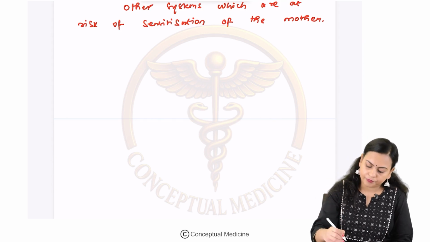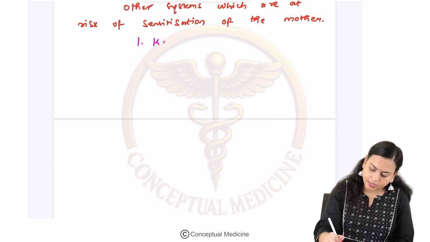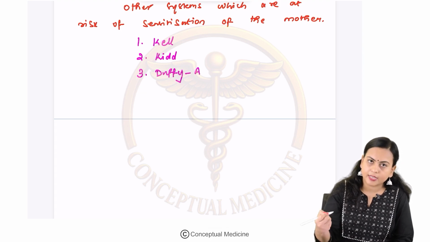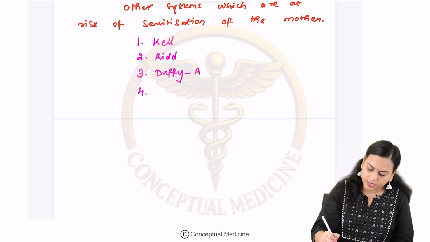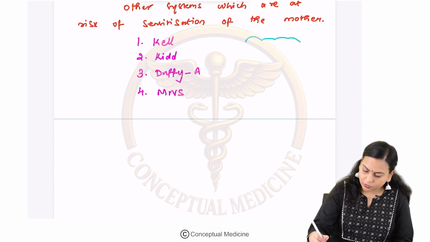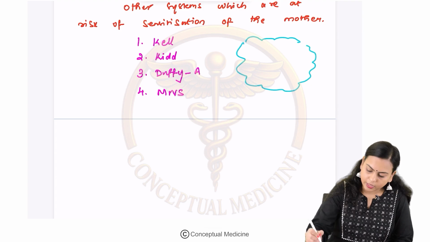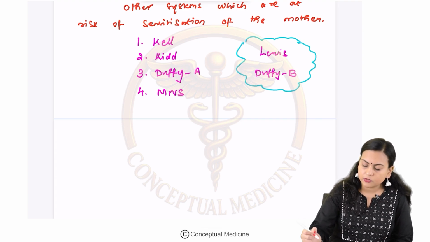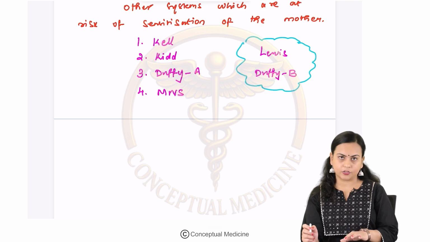In the Duffy system we have two antigens, A and B. Duffy A carries more risk, and the MNS risk is lower. Duffy B and the Lewis system have low risk of sensitization. Clear?